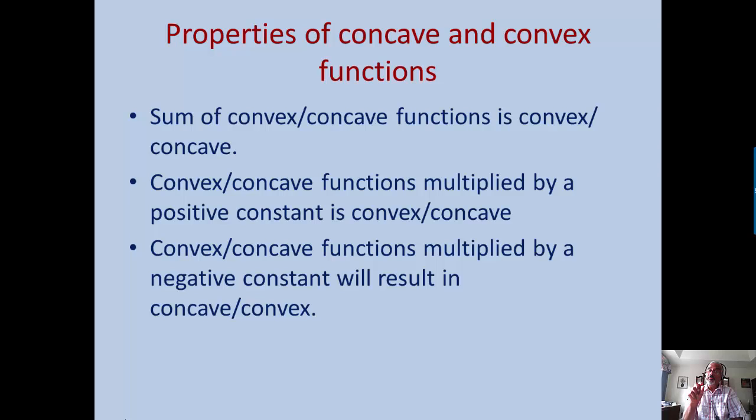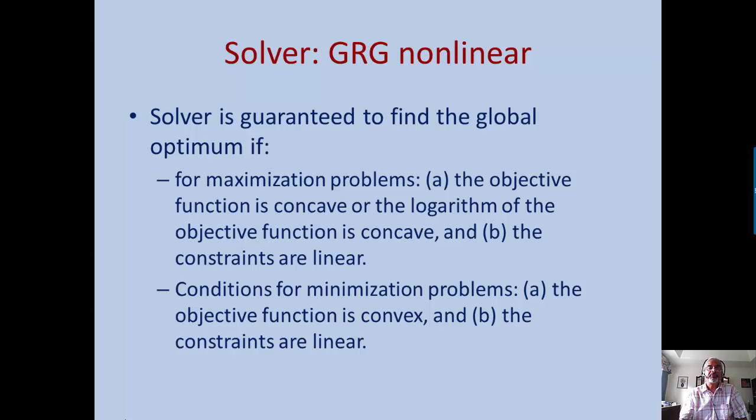Also, if you multiply a convex or a concave function with a negative constant, then the opposite will happen. Convex will become concave, concave will become convex. So the GRG nonlinear solution methodology will give you global optimum if you have concave functions. If it is a convex function, then you will have a minimum.